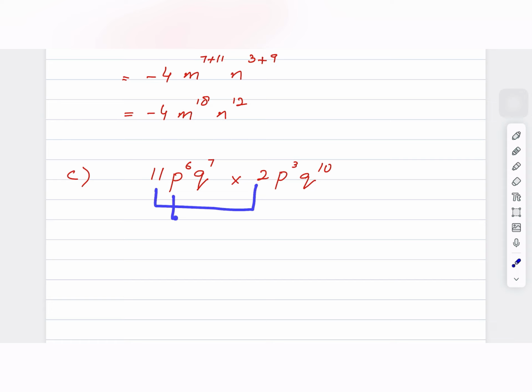Now again you will multiply the corresponding terms, and that will be 11 times 2 is 22 p power 6 plus 3, because we are applying the same rule. When you have same basis, you add the powers, and q power 7 plus 10, so it is 22 p power 9 q power 17.